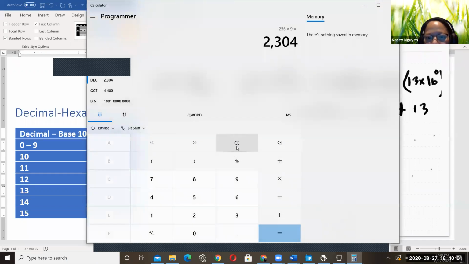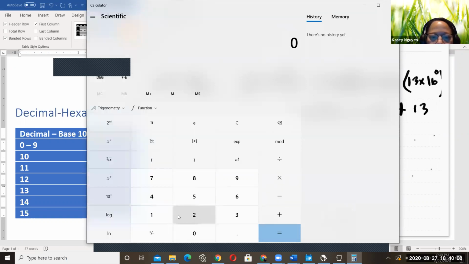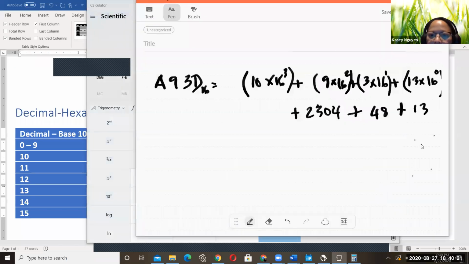So let me get to scientific. 4096 times 10, which is 40960. Then you add this up and you should get your decimal equivalent.